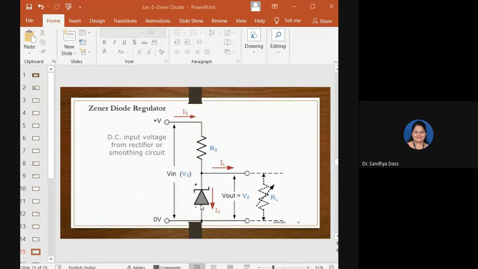Whenever a Zener diode is used, the data sheet should be referred to, where specifications such as maximum power rating and the minimum Zener current allowed are mentioned. With respect to that, a proper value of series resistance to be connected along with the Zener diode will be decided.